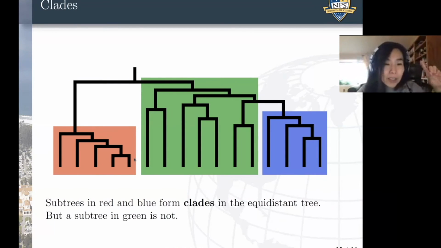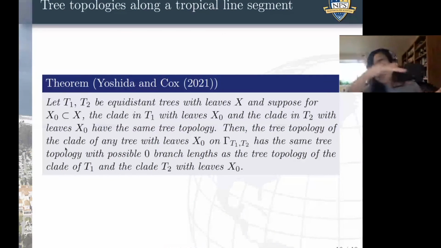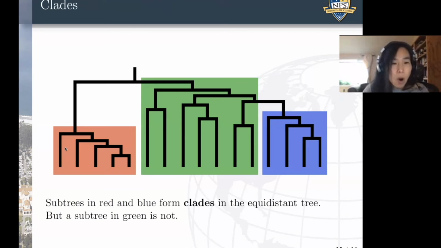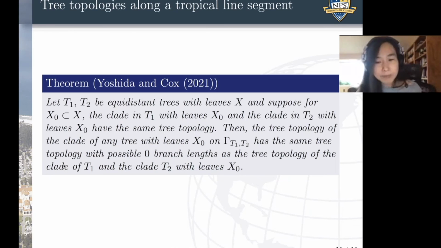The clade which they share has the same tree topology. Then all tree topologies along the tropical line segment between those two trees have the same tree topology on that subset, the clade. Okay, so that's the second theorem.